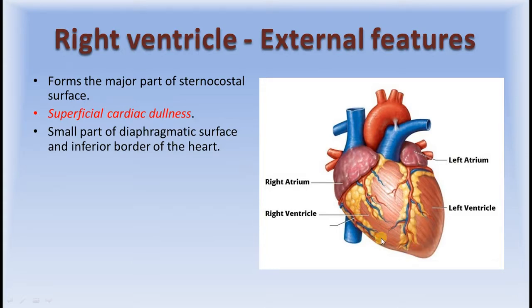What you are able to see is that 2/3 is the sternocostal surface contributed by the right ventricle. The right ventricle is separated from the right auricle by the atrioventricular sulcus, a continuous, C-shaped sulcus.